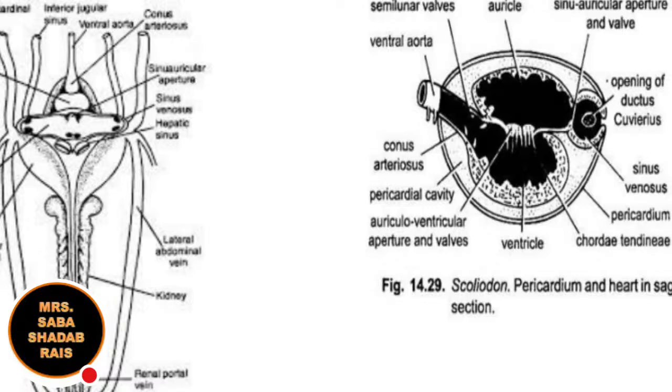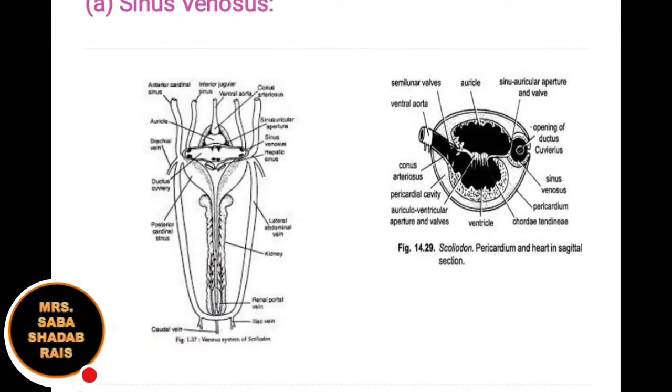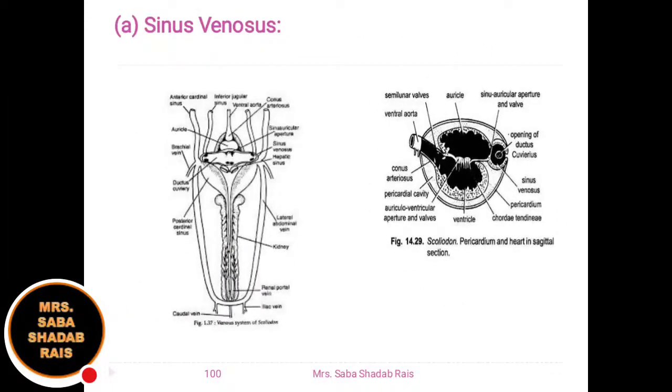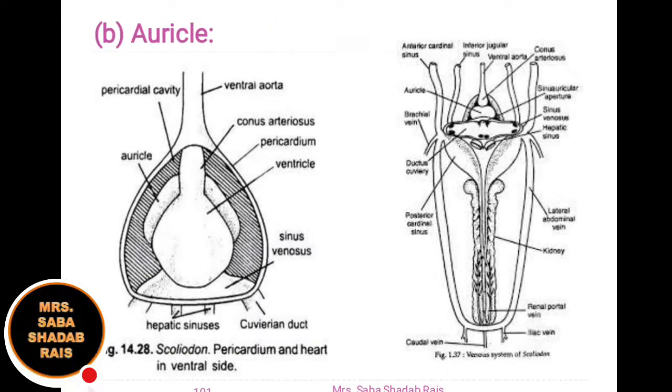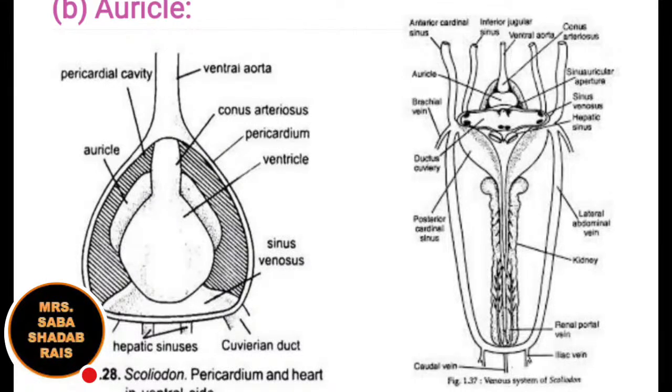Now see, the second chamber is definitely going to be the auricle in terms of blood flow. So this auricle is a very big chamber. Now see, this is also going to be thin walled, but if you compare, it is a bit thicker than the sinus venosus. It is situated in front of the sinus venosus because it directly receives blood from the sinus venosus.